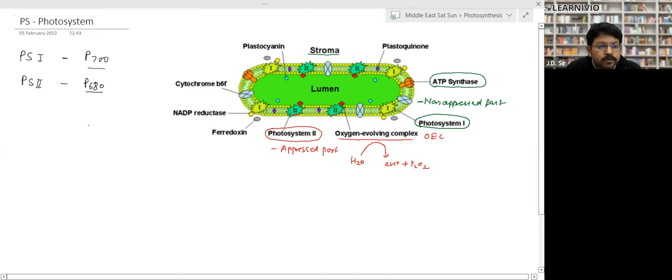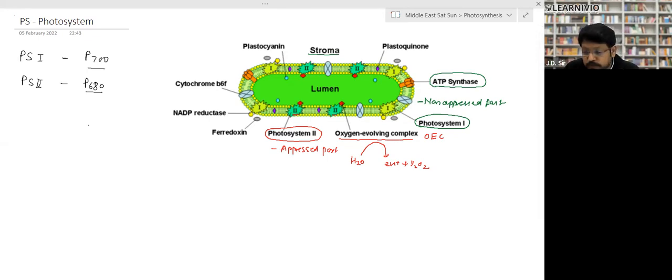Now come to photosystem one. What is the composition of photosystem one and what is the composition of photosystem second? Let me make it clearer.